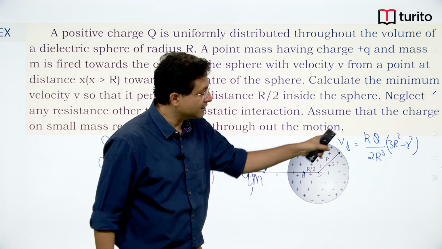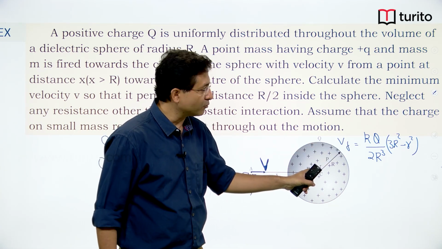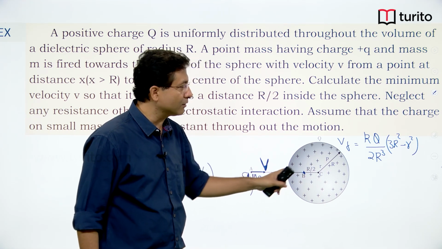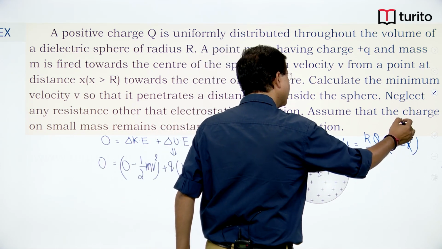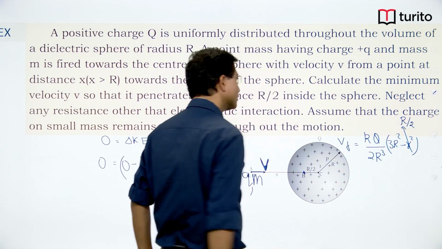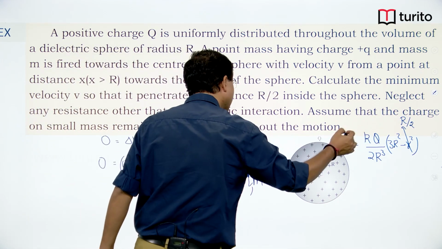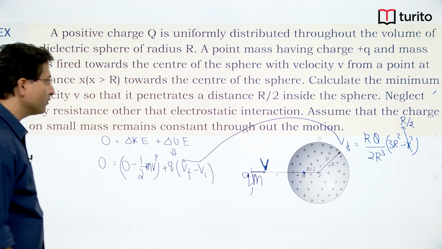This is the potential inside. So, I am applying the formula for inside potential where I need potential at distance r by 2. So, here in place of this r, I will write r by 2. Substituting the value here, I can put the value of V final here.